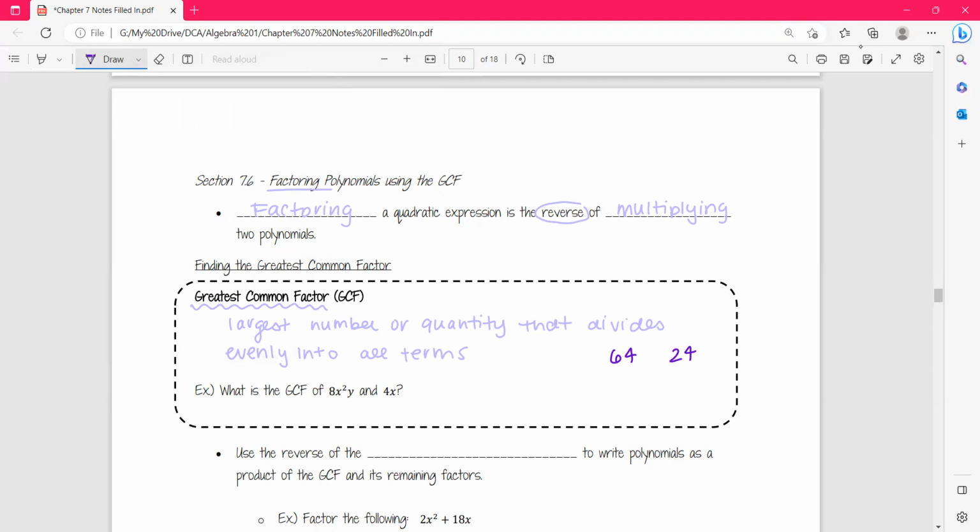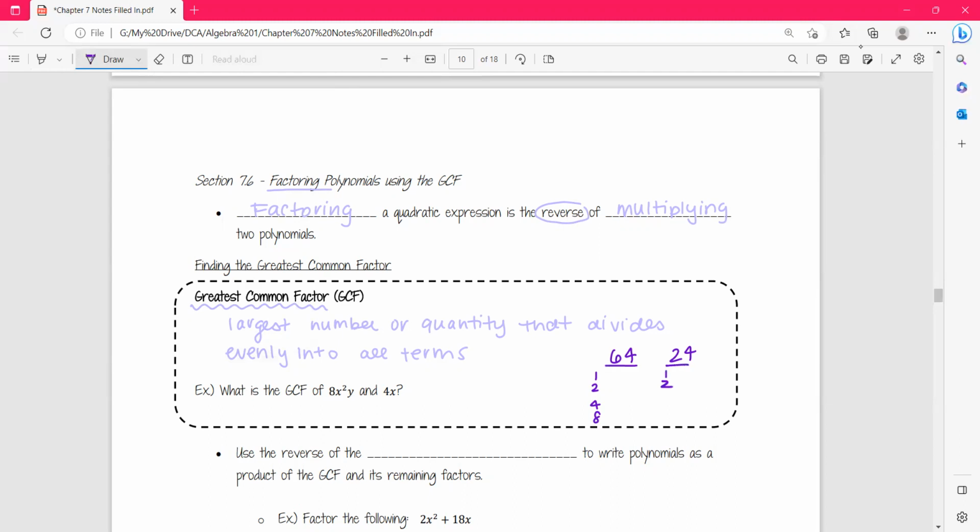So I'd have 64, we know is 1, 2, 4. Does 6 go in evenly? No. And 8. Then I could have greater ones. But I know I'm only going up to 24 over here. So let's check out 24.